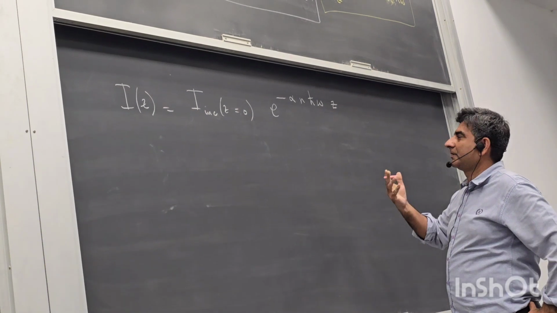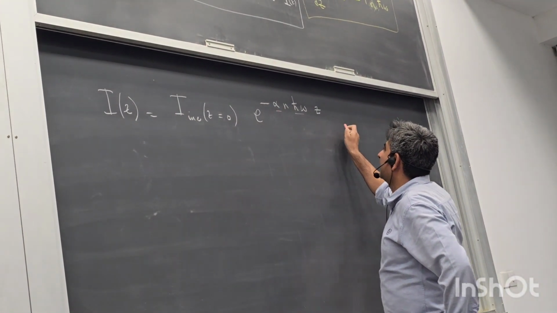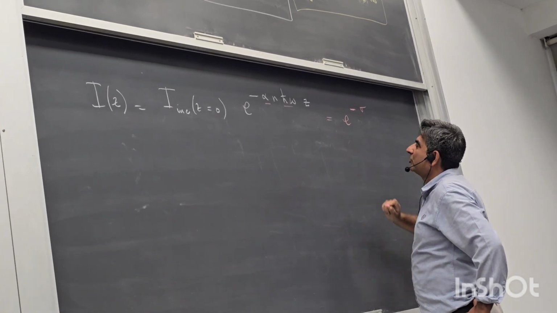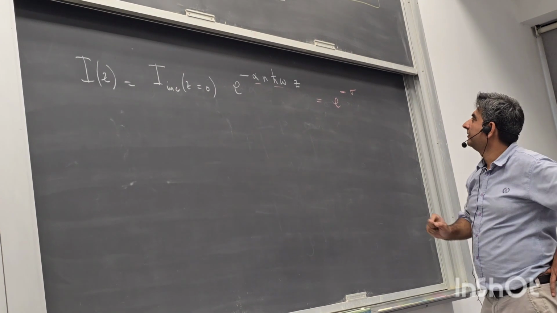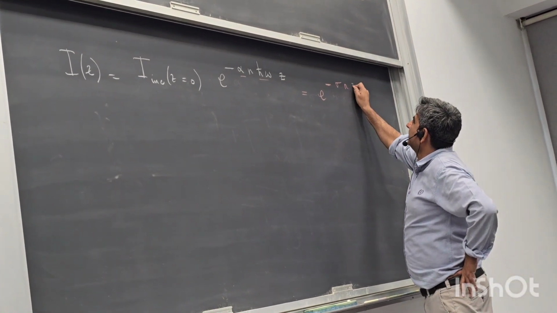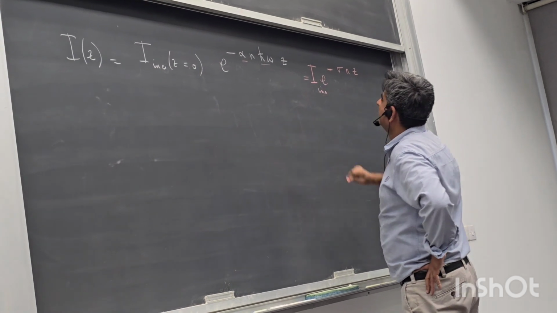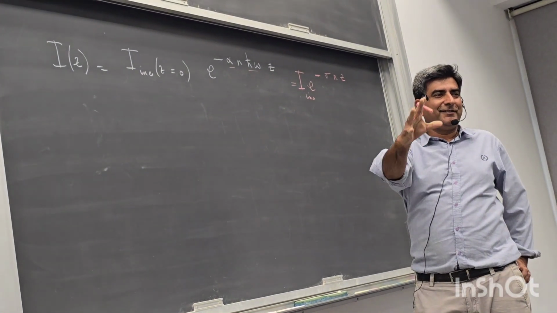So I can call all of this alpha h bar omega, e to the minus sigma n z. This is generally called the cross section. So the intensity at some z decays.